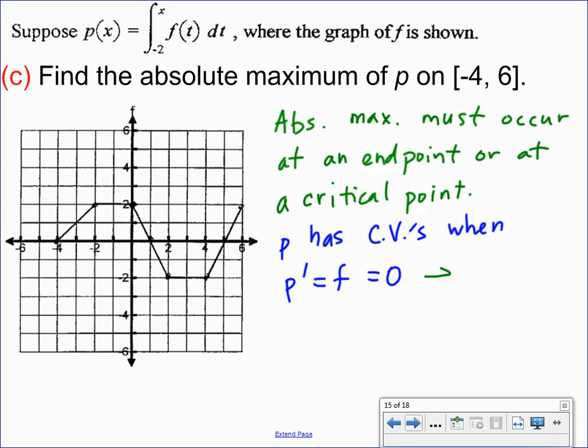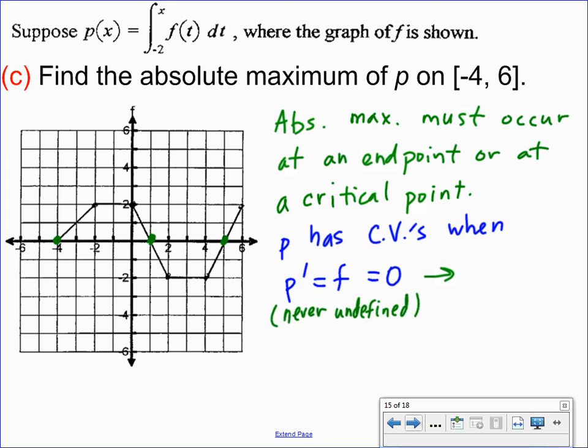Does that ever happen? Does P prime, which equals f, the graph I'm looking at, ever equal 0? Or is undefined? Well, it's never undefined. Right? We've got line segments everywhere. So it looks like -4 is already an endpoint. 1, 5, and that's it. We should probably say never undefined in this graph.